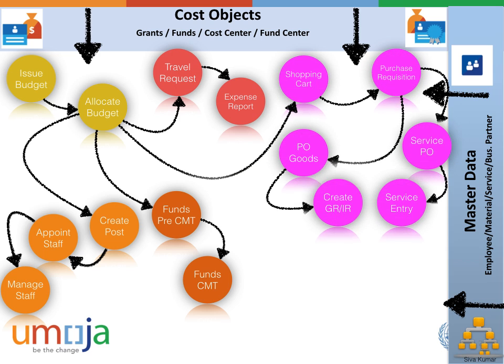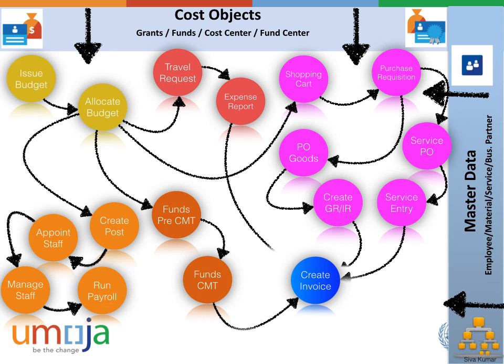Or you can do a procurement process where you create a shopping cart, create a purchase requisition, which could be for goods or for services. If it is for goods, you create a GR/IR, and if it is for services, you create a service entry sheet. So now you have already created all the procurement and other expense functionalities. The next step is to prepare to pay.